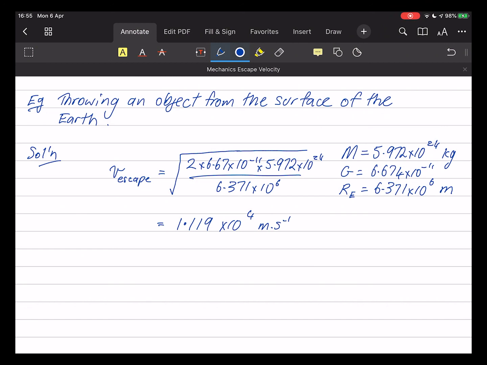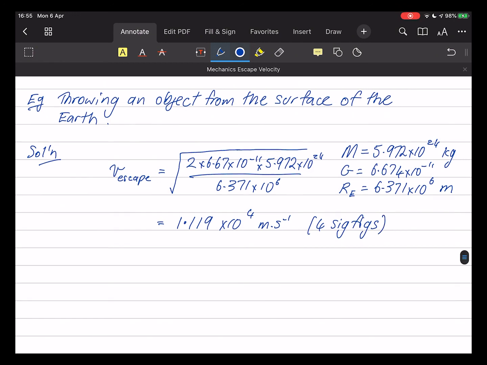I've used 4 significant figures right the way through.